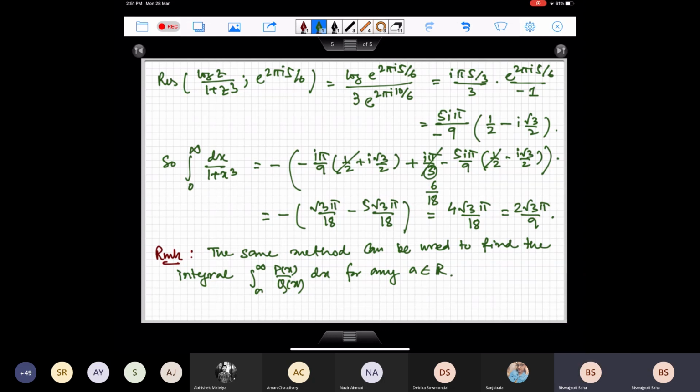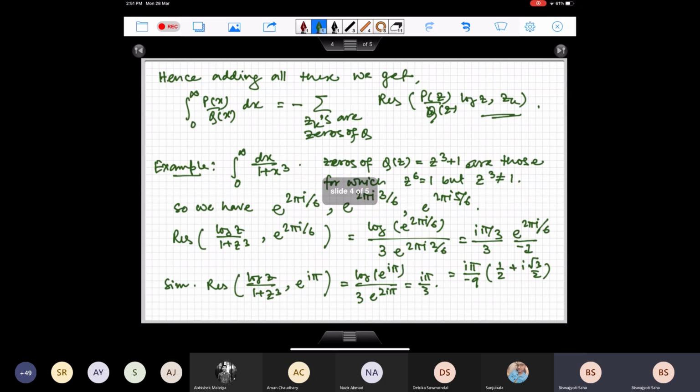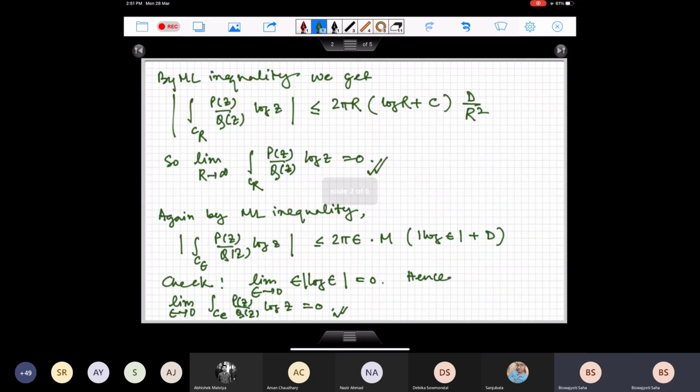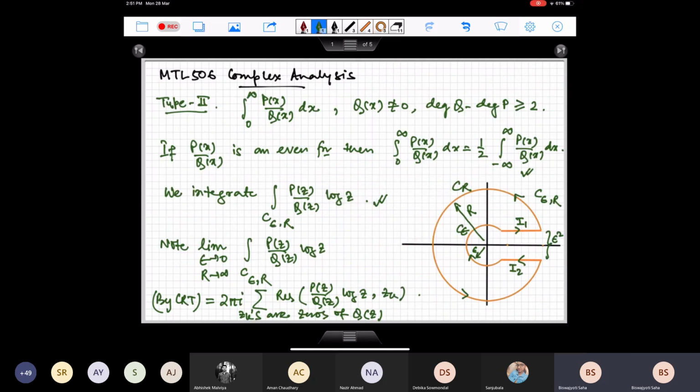So here, of course, as you saw, I was taking this integral from 0 to infinity, and I took this contour, this keyhole contour, centered at 0. Okay. And this time, what you should do is shift the contour to center at, let's say, A. Okay.